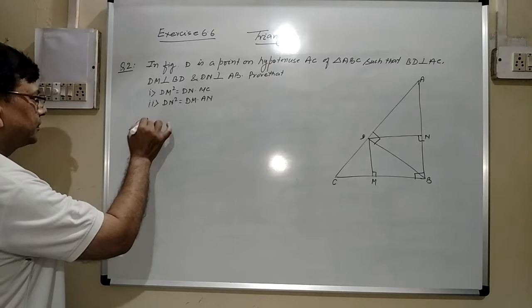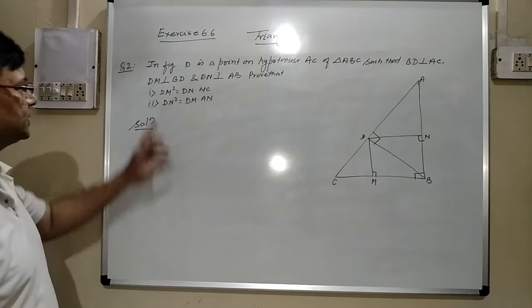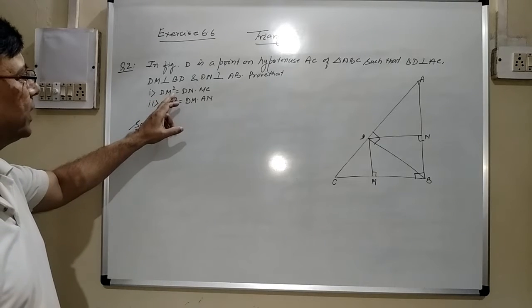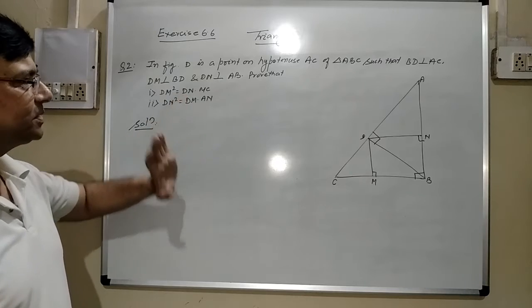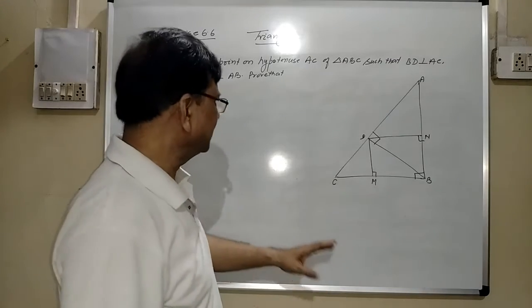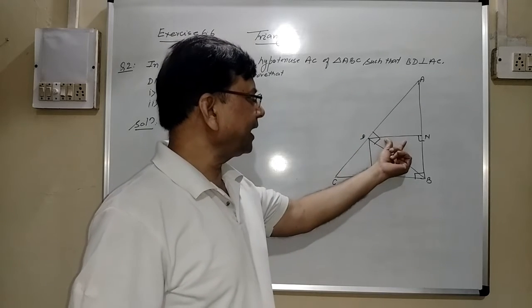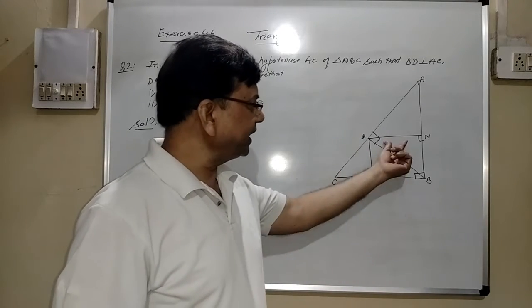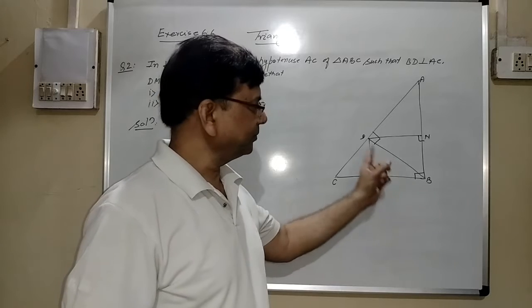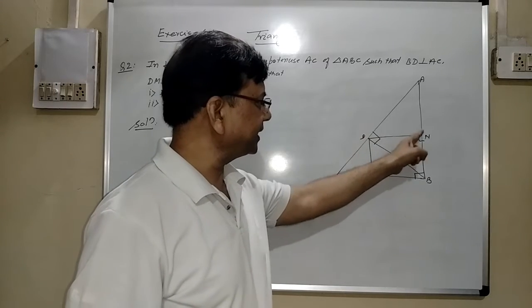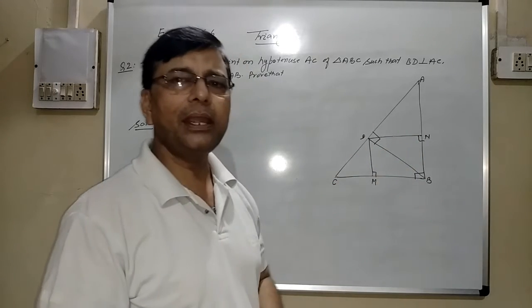Solution. First we have to prove this: DM square is equal to DN into MC. So DM is there, MC is there, and DN is there. DN is equal to MB because it is 90 degrees. This is a rectangle, so opposite sides will be equal.